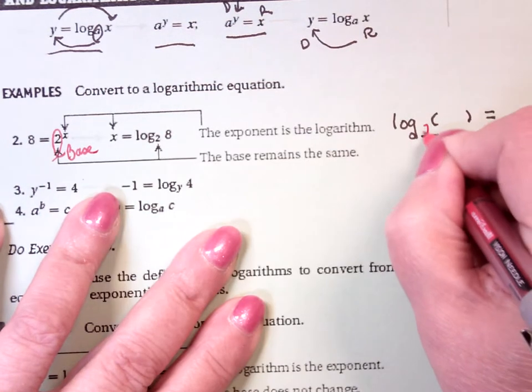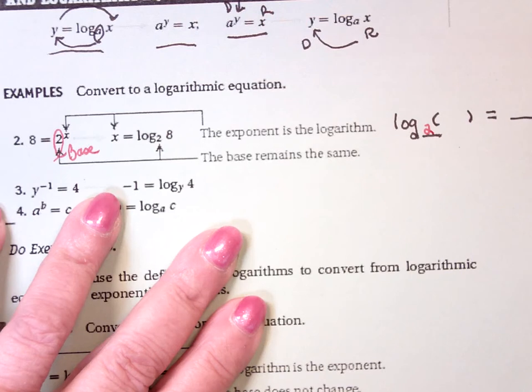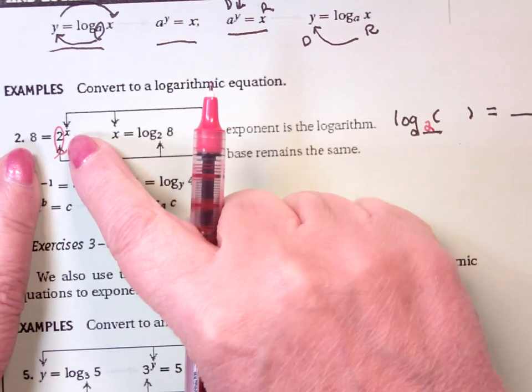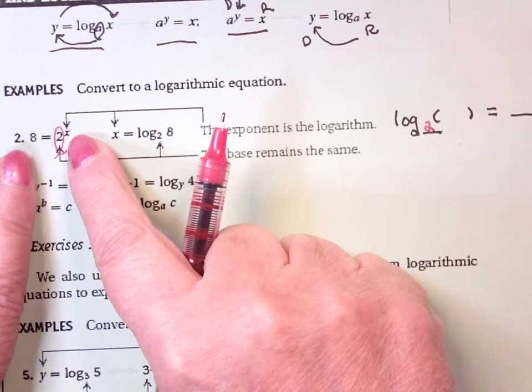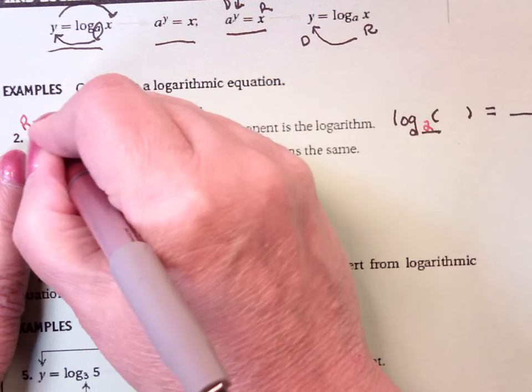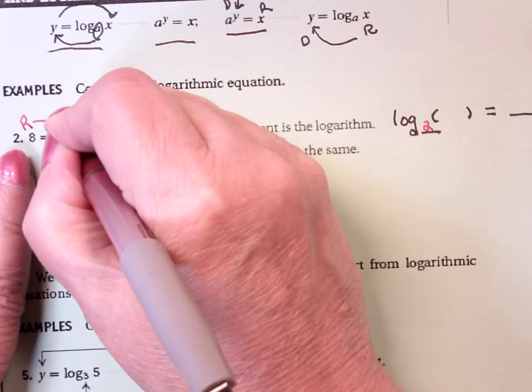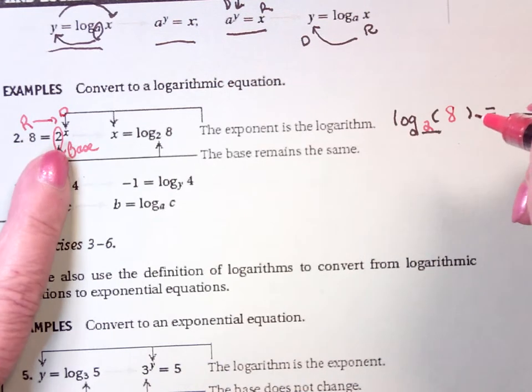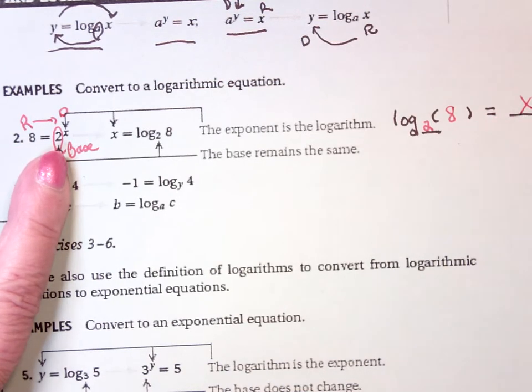So he has a base of 2. Then I have a 50-50 chance of getting the x and the 8 right, because I only have 2 more spaces to fill. But remember what the logarithm does. It takes the range value and returns it to the domain. So it's going to pick up the 8 and return it to x.